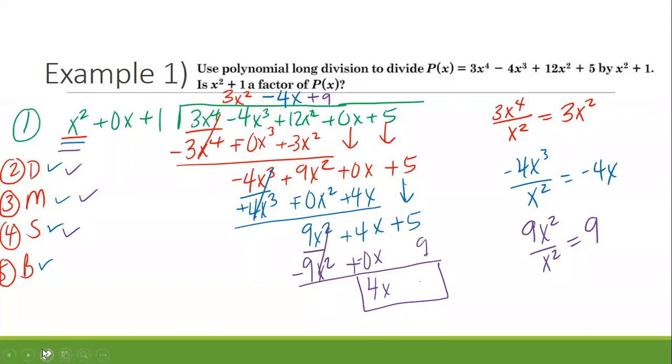All right, correction. I did not change my sign. So it was a +9, now it's a -9, and that leaves us with -4. So this time my remainder is actually a linear polynomial, 4x minus 4.